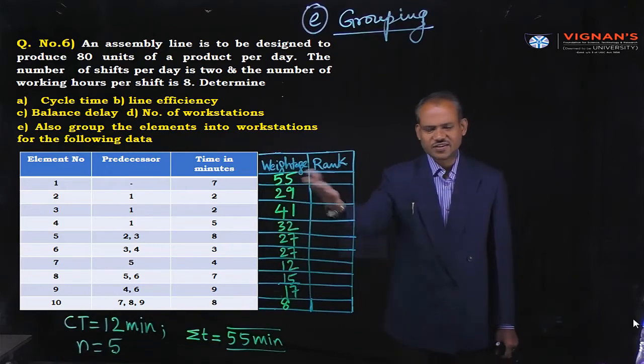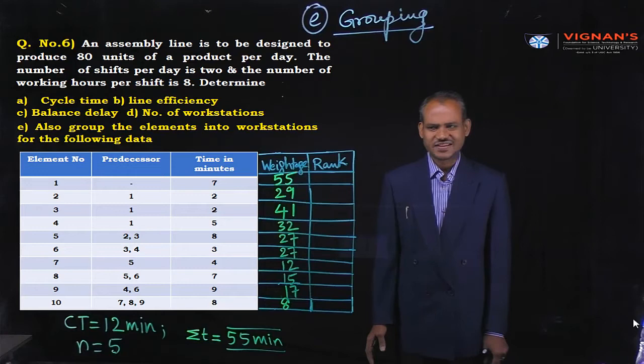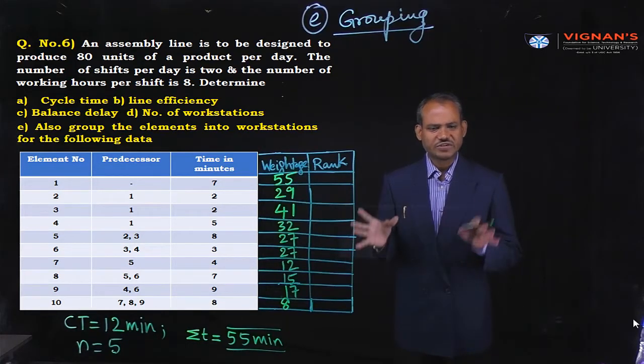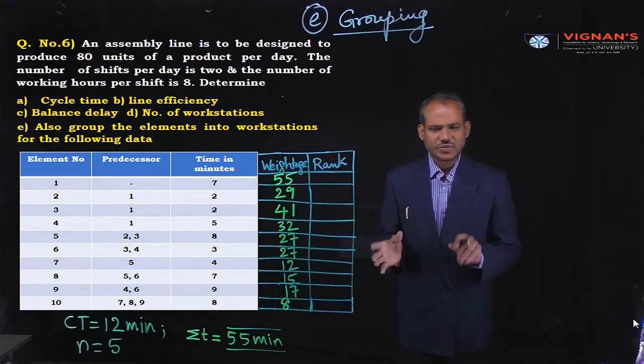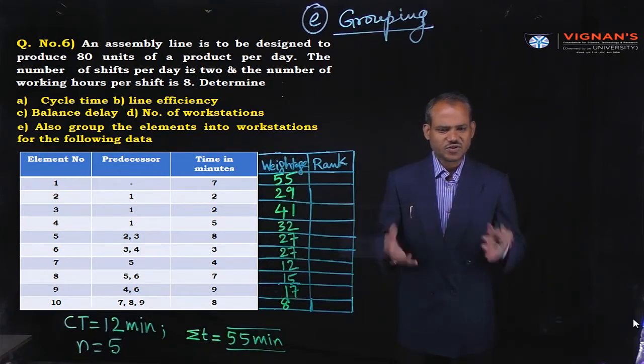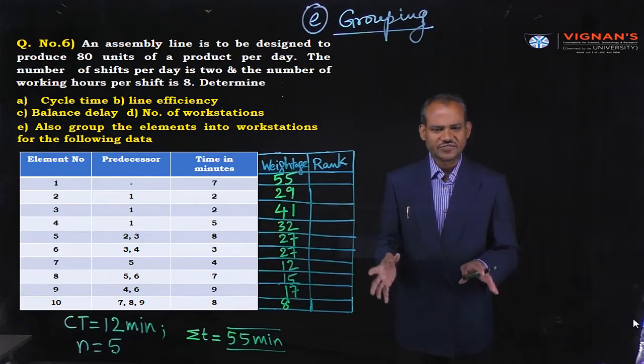After calculation of weightages, it is necessary to assign rank to every element based on the weightage. We are going to assign rank in the descending order of their weightages.